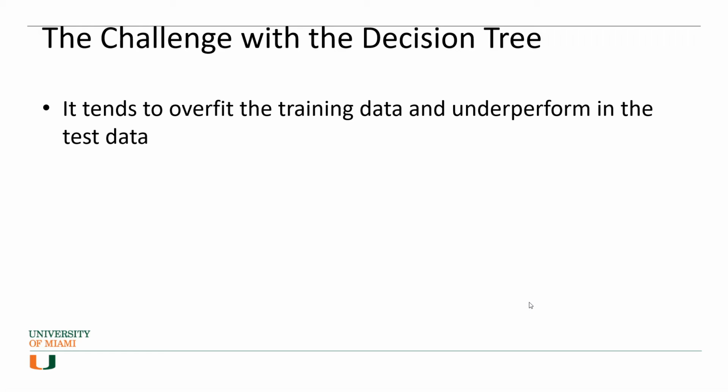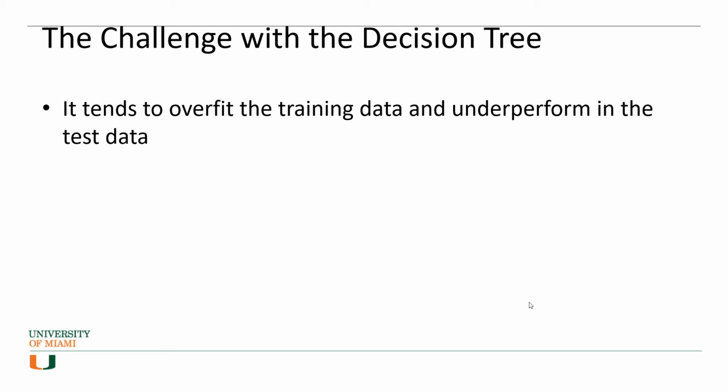What is going to happen is that your decision tree is going to end up having leaves with a size of 1, meaning that it basically is going to memorize every observation in your training data set, having a precision of 100%. But because it has overfit your training data set, it is going to underperform on the test data.